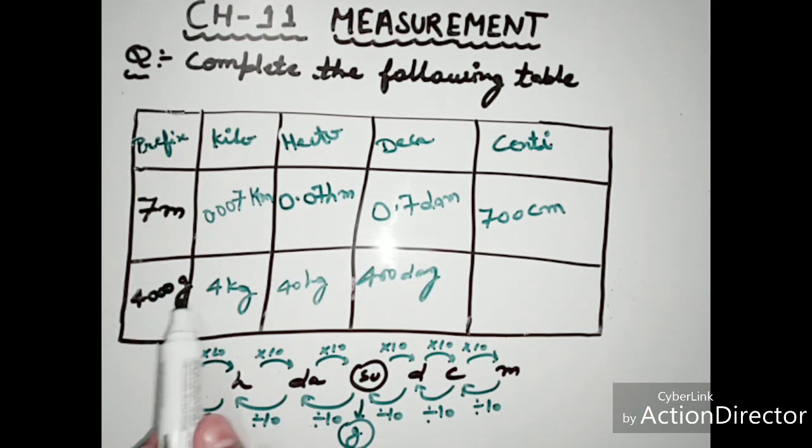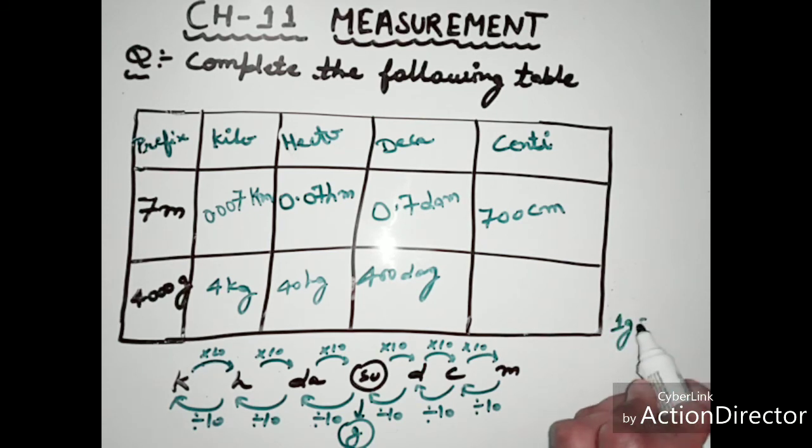Now 4000 gram convert into centigram. So 1 gram equal to how many centigram? So gram is here and centigram is here. So it's move higher to lower units. And how many places? 2 places, means 2 tens and 2 tens means 100 centigram.